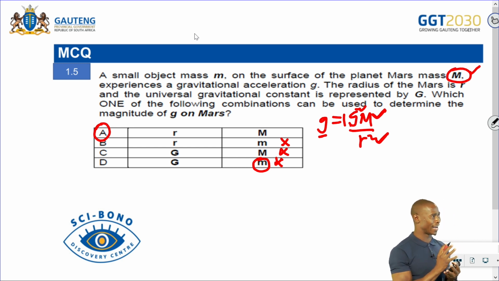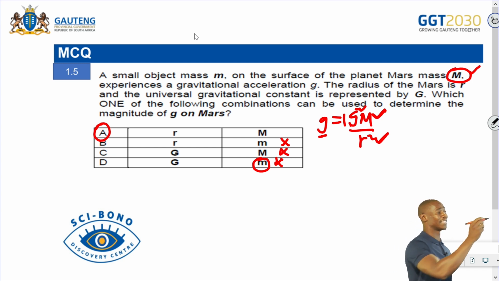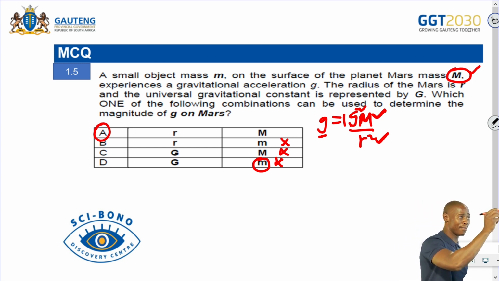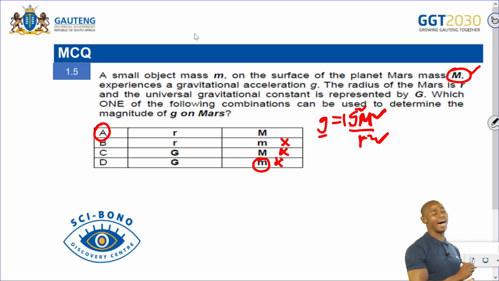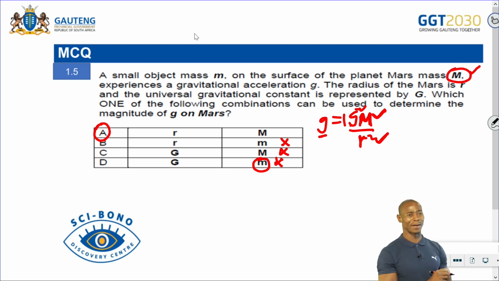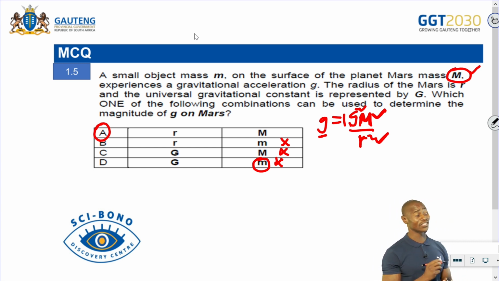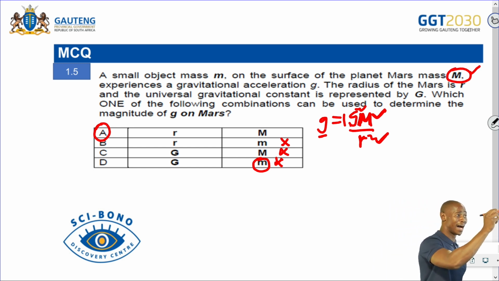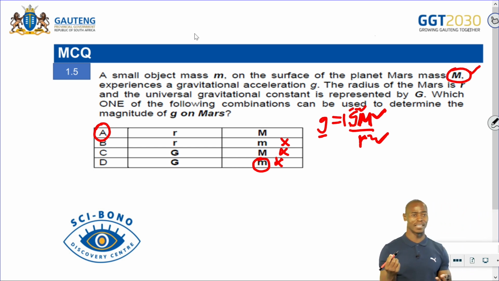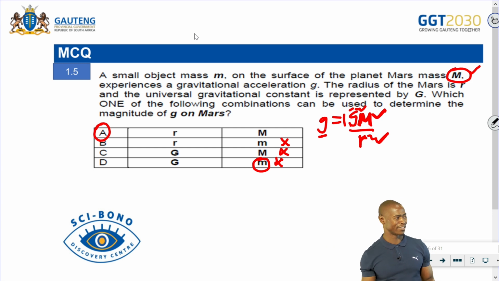What is going to give us gravitational acceleration, or acceleration due to gravity, for this planet is this combination of M and r. For each and every planet, whether it's planet Mars, planet Earth, planet X, planet Y, the combination that will give us gravitational acceleration is the mass and also the radius. And G, remember, is a constant for all the planets. So the correct combination would be r and M.